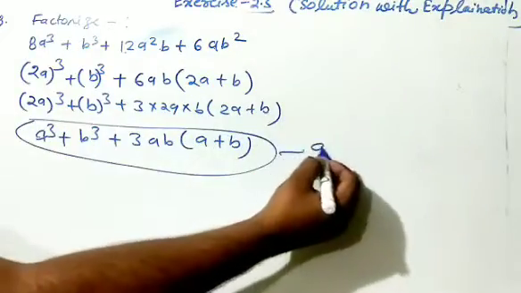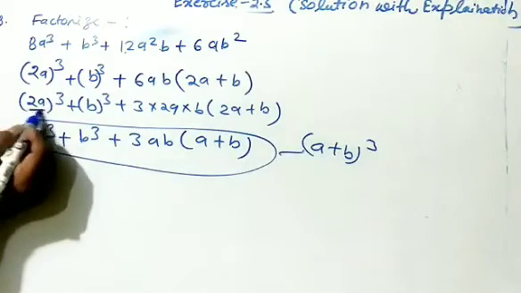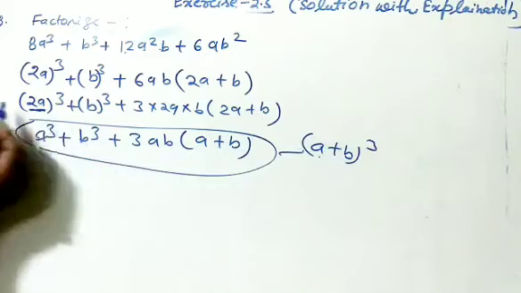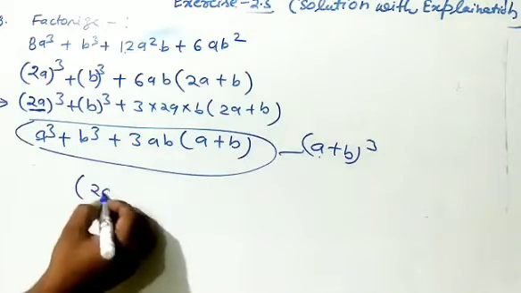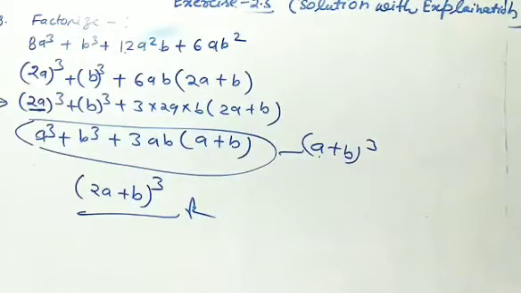It is the formula of a plus b whole cube. So what is a here? A is 2a. So it is a plus b whole cube, and here we can write 2a plus b whole cube. This is the answer. So you have to factorize. In this type of question, you just have to write the question so that you can apply identities. Okay, come to the next question.